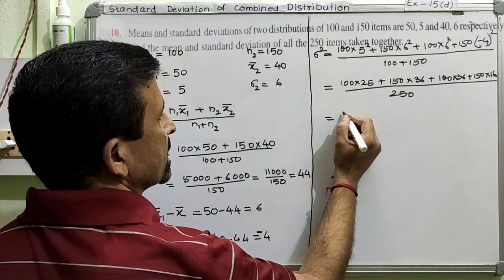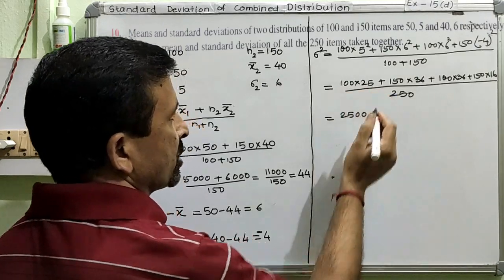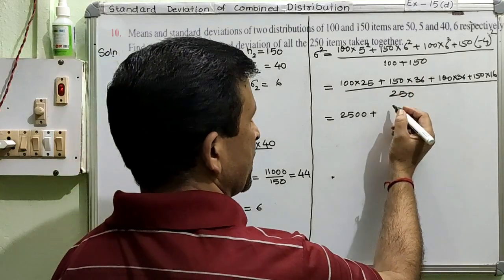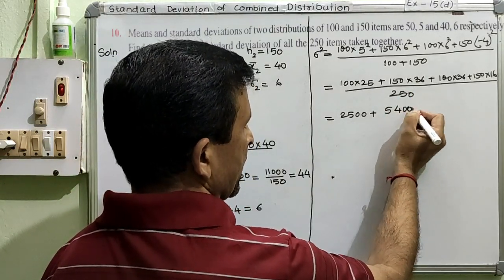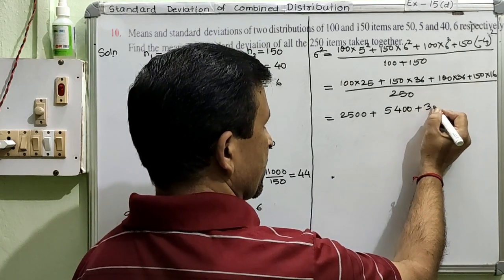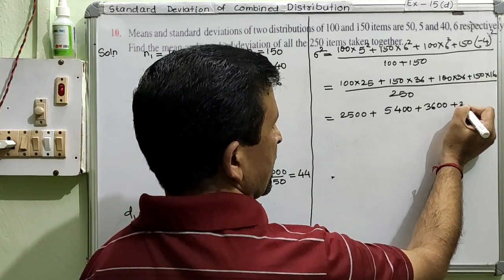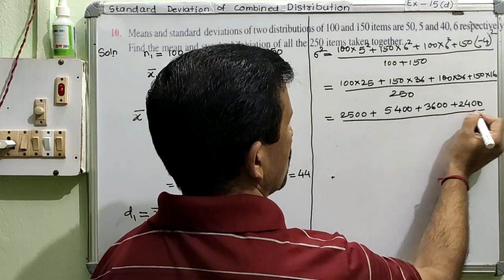Now let us calculate. 100 into 25 is 2500. Then 150 into 36 is 5400. Then 100 into 36 is 3600. And 150 into 16 is 2400, divided by 250.